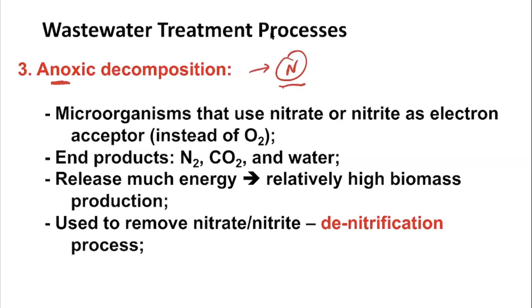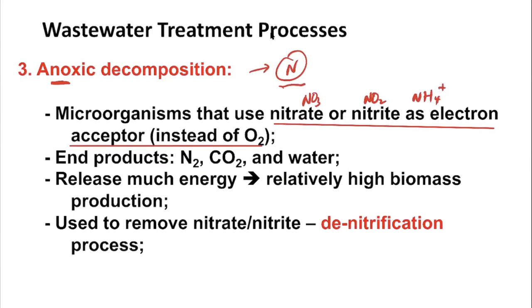So basically, the microorganisms are going to use nitrate or nitrite as the electron acceptor. So instead of using oxygen to support this metabolism process, they're going to use either nitrate or nitrite. Sometimes they can use ammonia as well, right?